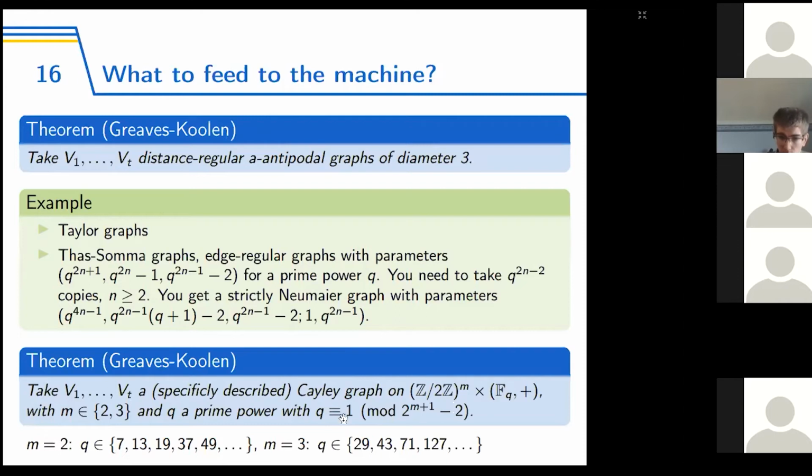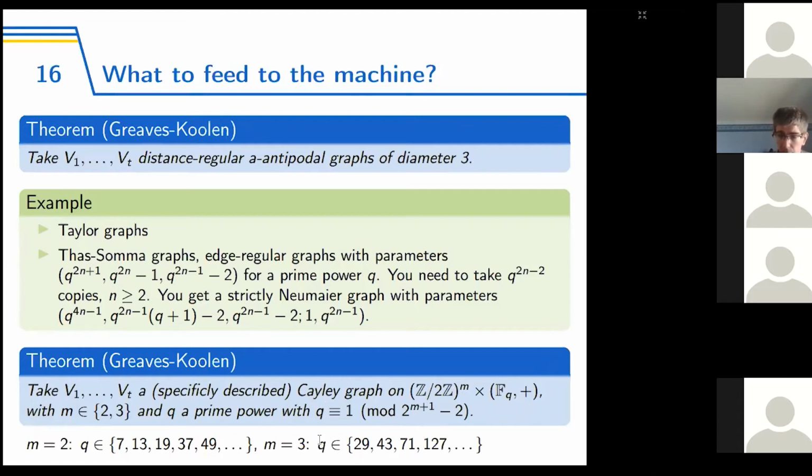Now, this prime power q needs to fulfill a condition depending on whether you have 2 or 3 copies of the group of order 2. And you might think, well, the additive group of a finite field, that's a bit strange, because you could just describe this as an elementary abelian group. But in the construction, you will see that they use both the multiplication and the addition.